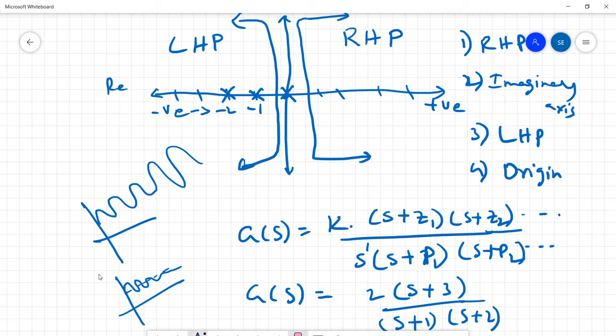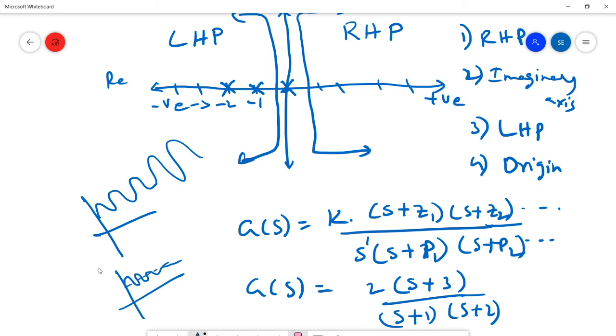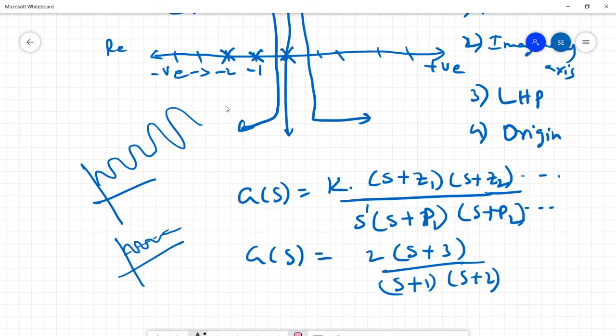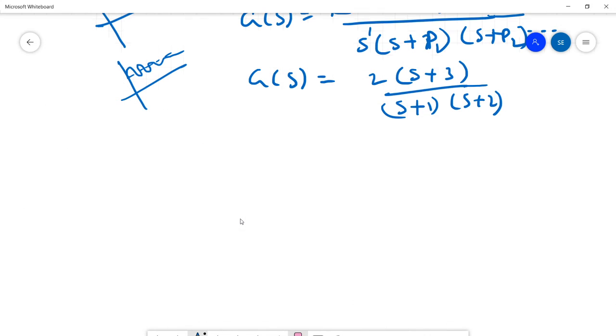Now we consider the importance of final value and initial value with respect to the pole location. In the first case, let us consider we have a pole on the right half plane.